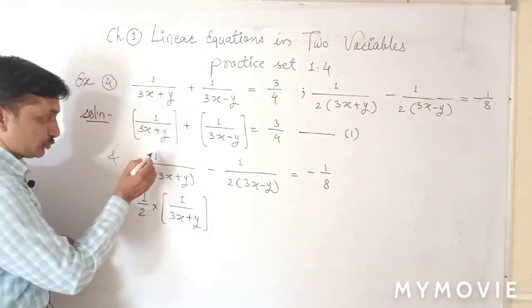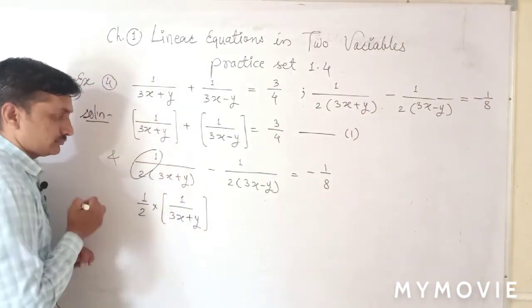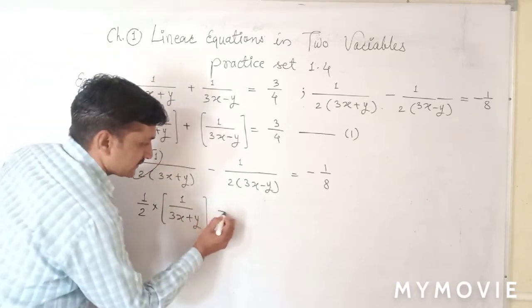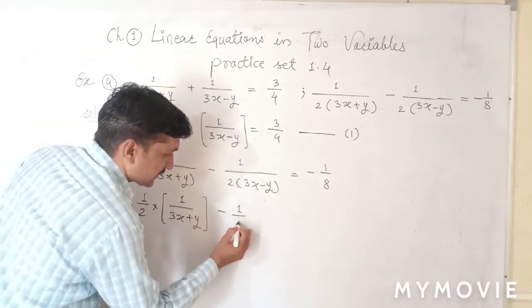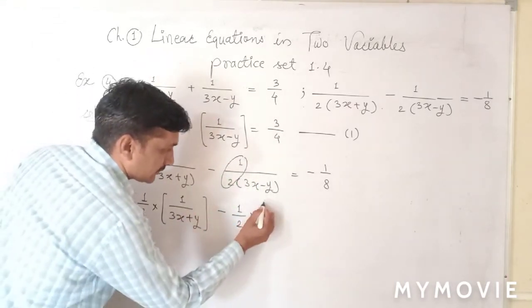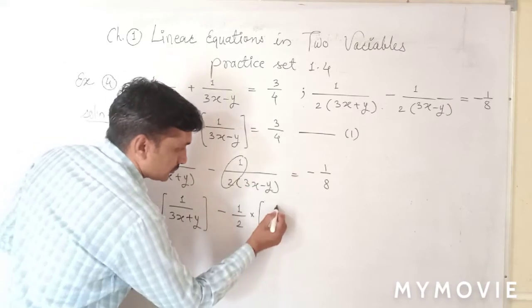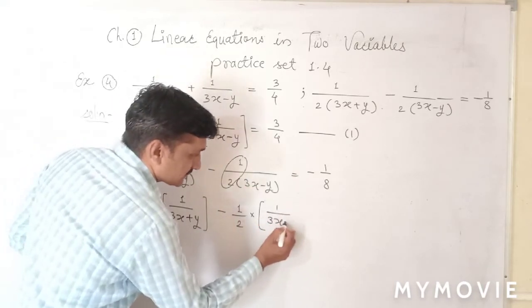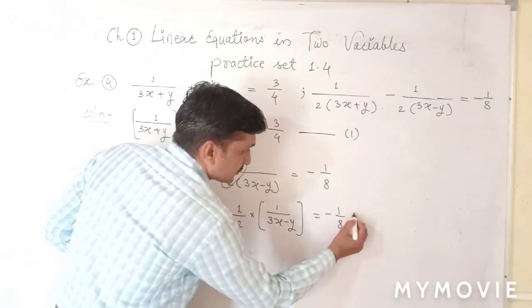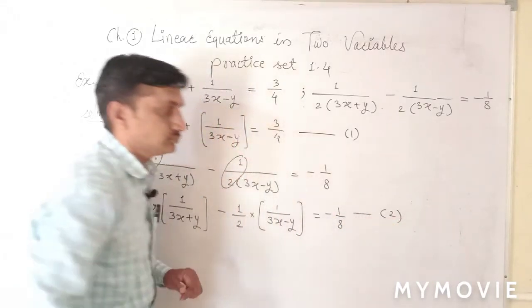See, this fraction 1 upon 2 is taken out. Minus, here also I take 1 upon 2 separate, multiplied by what is left in the bracket, 1 upon 3x minus y. Bracket close, is equal to minus 1 upon 8. Here I write equation number 2.